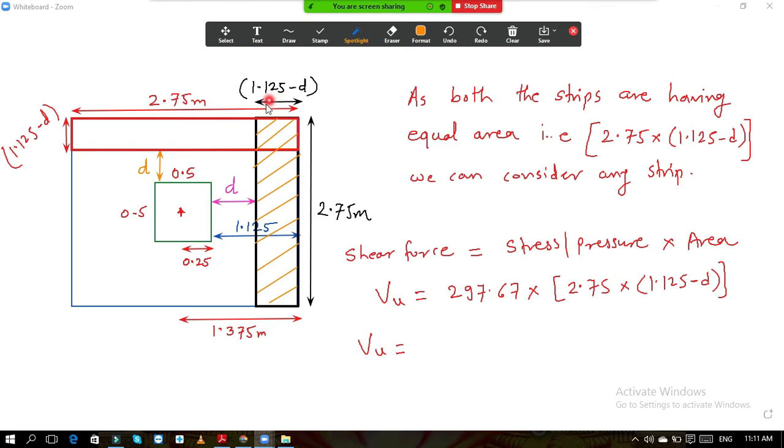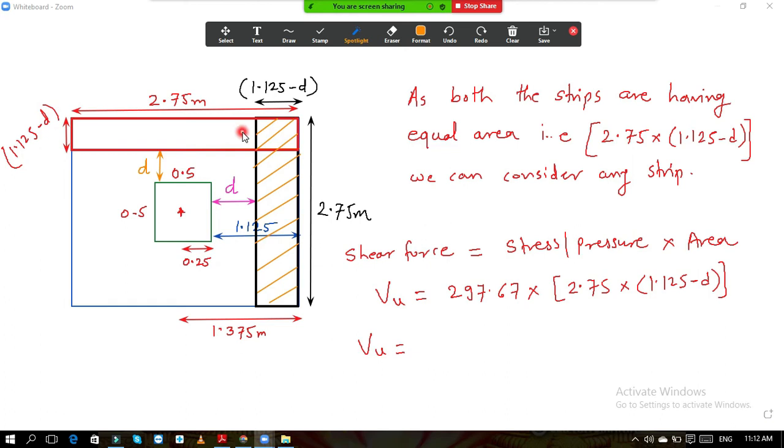Now if you see, in both these strips your area is the same, so there is no question of greater area. And out of these two we need to choose one strip, so that is why we have taken one strip. So whatever depth we get over here on the one strip, the same depth we are going to provide at the other strip.